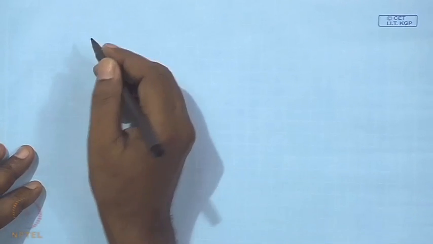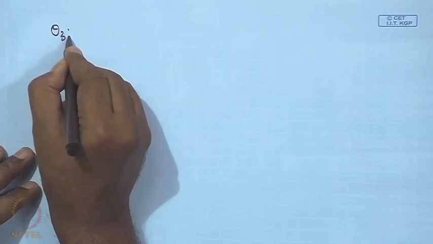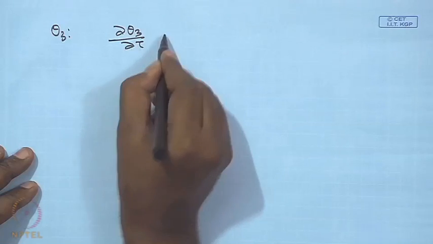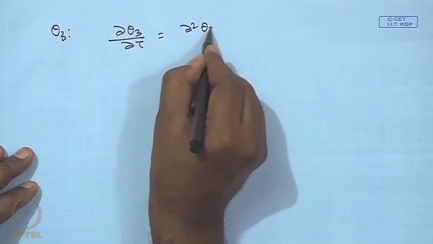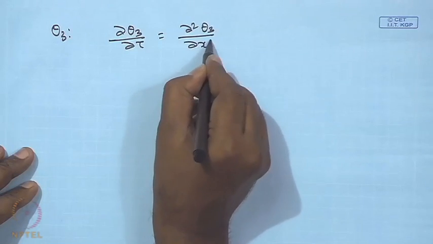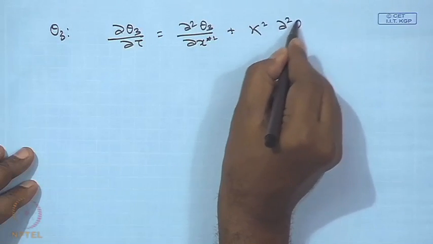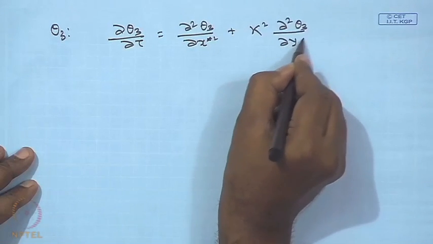So, the third problem will be del theta 3 del tau is equal to del square theta 3 del x star square plus kappa square del square theta 3 del y star square.